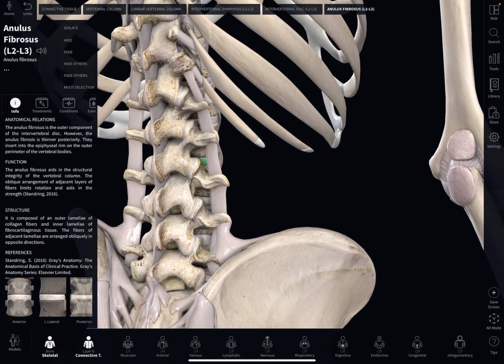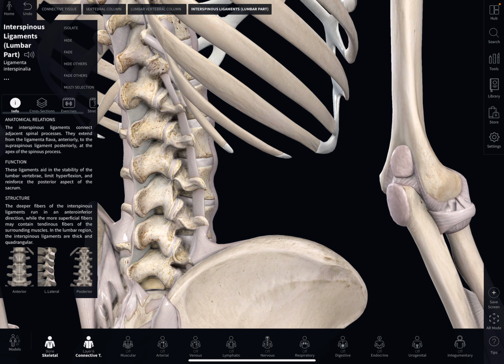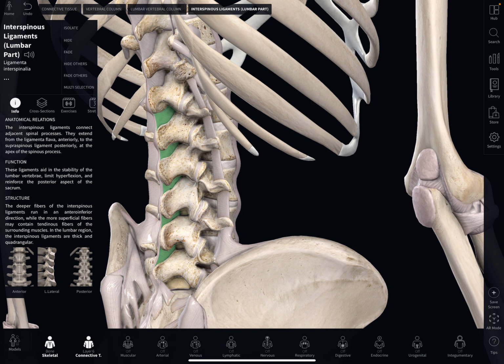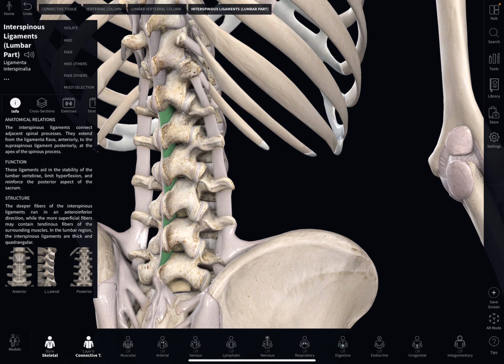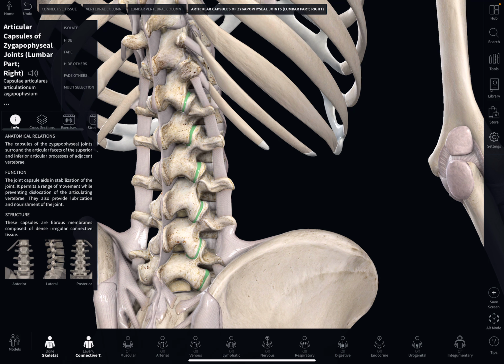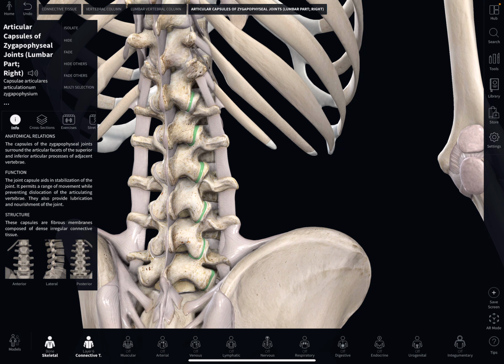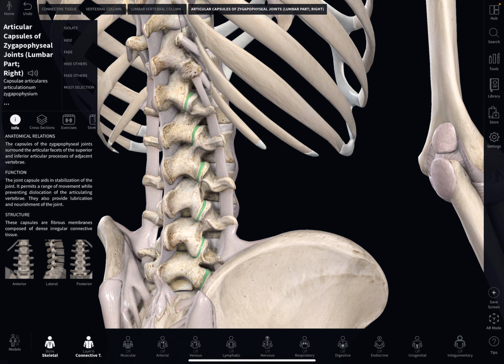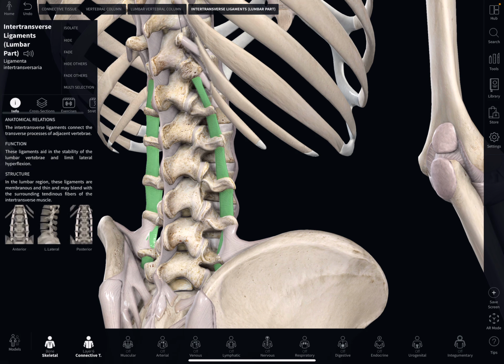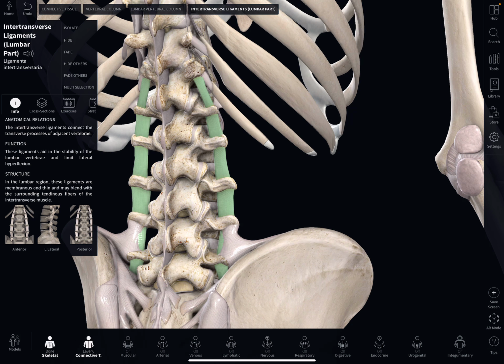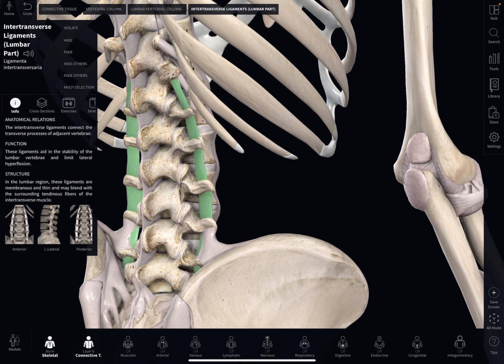So we've got this ligament right here, that's the interspinous, and that runs through each spinous process all the way through the whole spine. And you've got all the capsular type of ligaments that basically meet at the joint level between the spine. And then you've got the ones in between the transverse processes, and that's the intertransverse ligament.